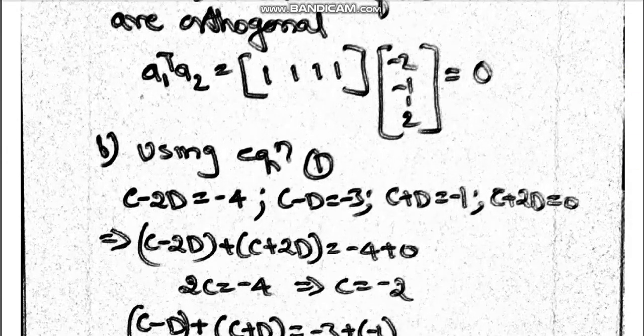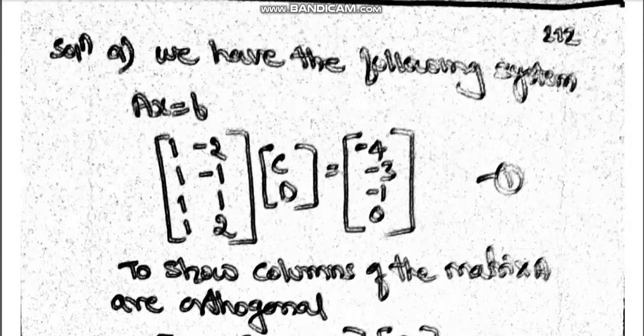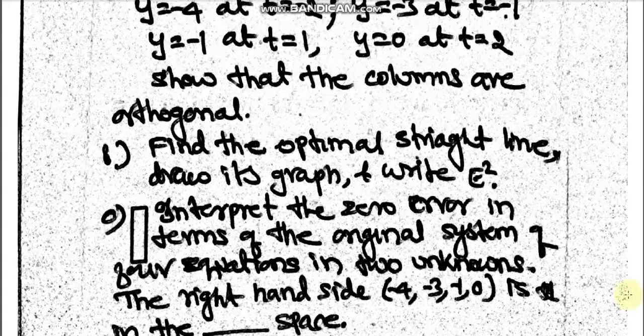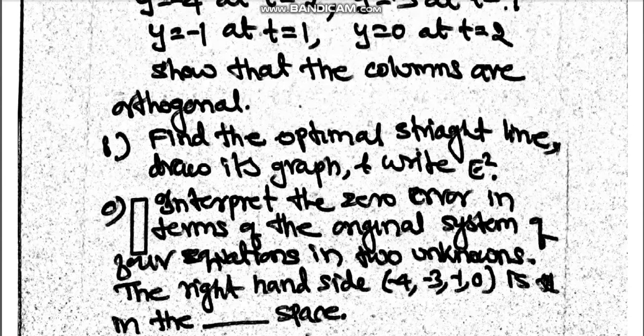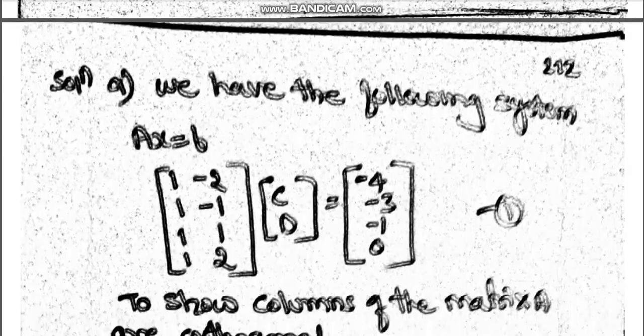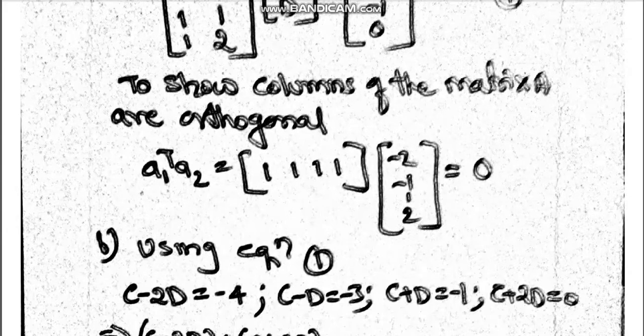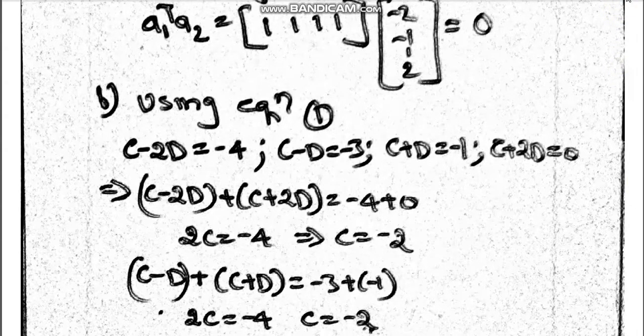Second, what was the second question? You have to find the optimal straight line, draw its graph, and write e square. So you have to find the values of x, that is, the values of c and d. First find the values of c and d. I have written the four equations that we get from the matrix multiplication.